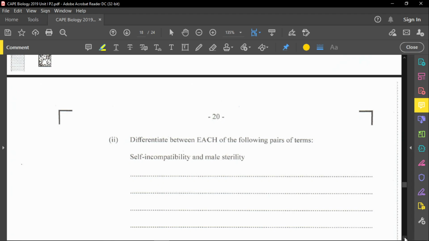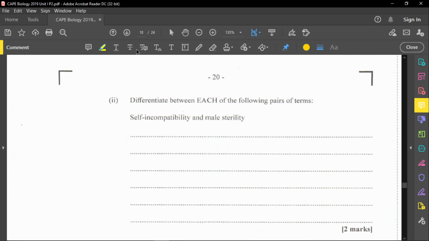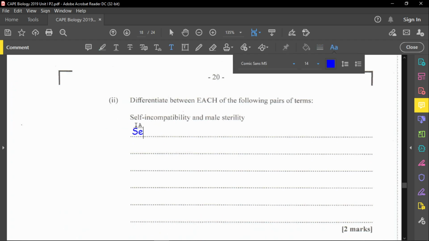So let me go a little bit down. So self-incompatibility, which we just talked about just now.